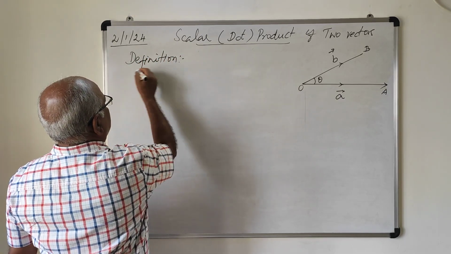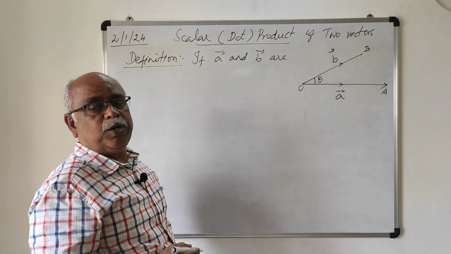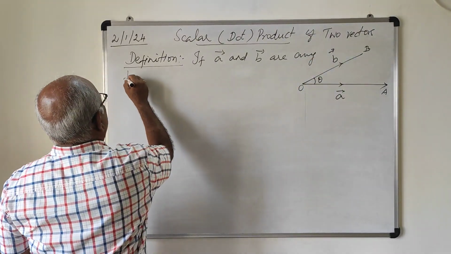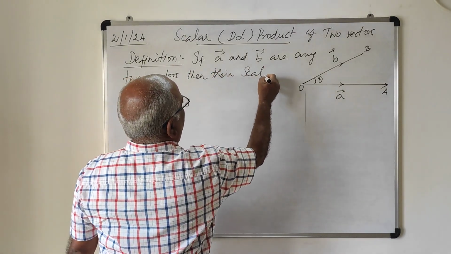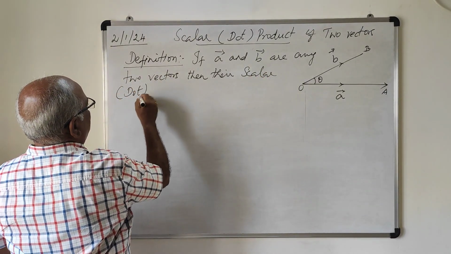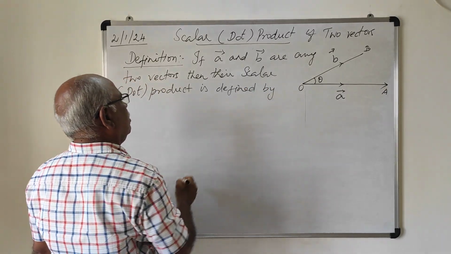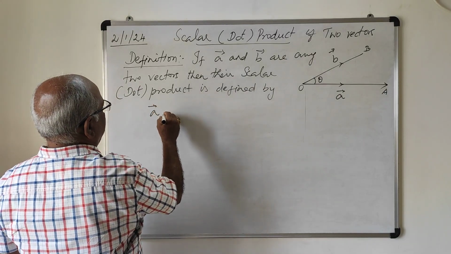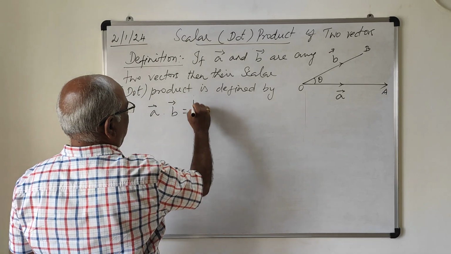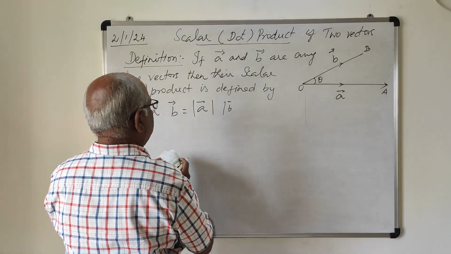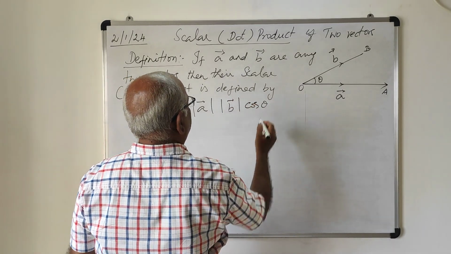How to define scalar product or dot product? If A and B are any two vectors, then their scalar or dot product is defined by A dot B equal to modulus of vector A times modulus of vector B times cosine of the angle between the two vectors A and B. That is cos theta.